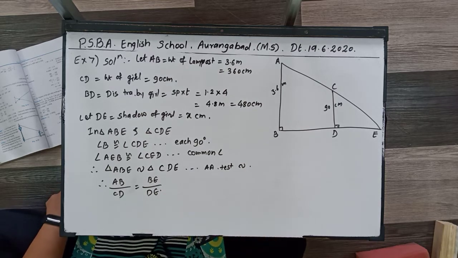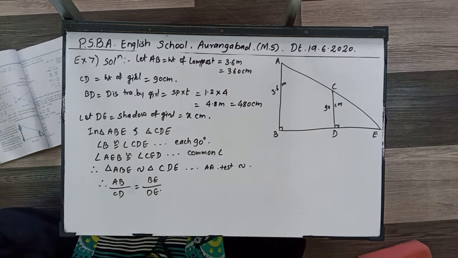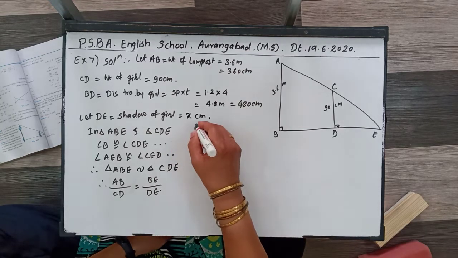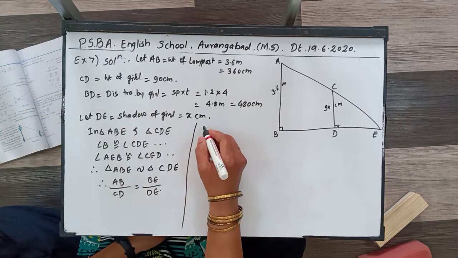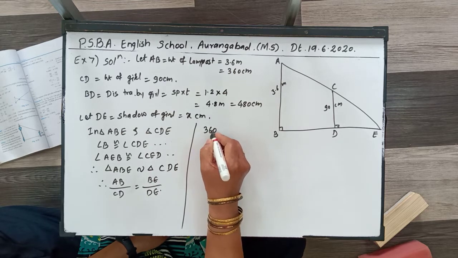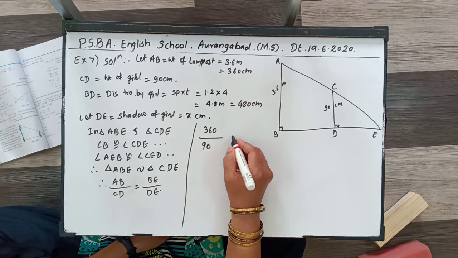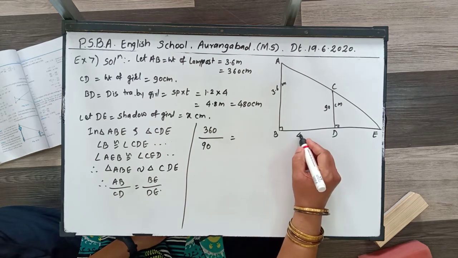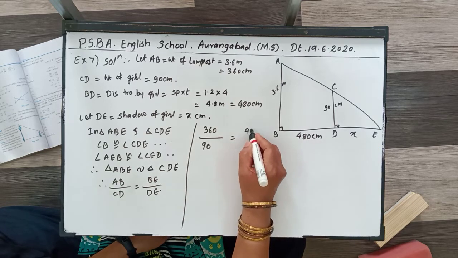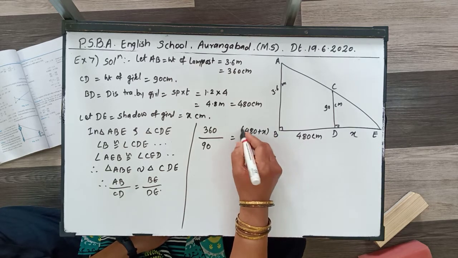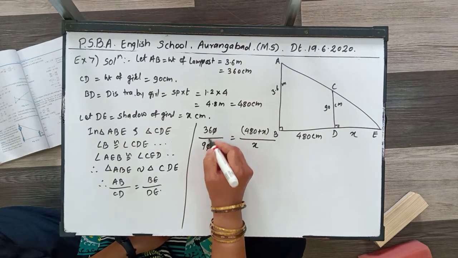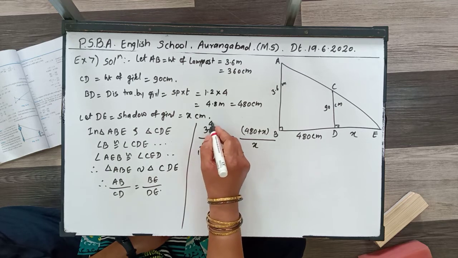Correct? So substituting the values we have AB is equal to 360 upon 90 is equal to, this is 480 centimeter and this is x. So 480 plus x, as two terms are there, insert the bracket, upon x. Now here the 0s get cancelled, 9 ones are 9, 9 fours are 36.